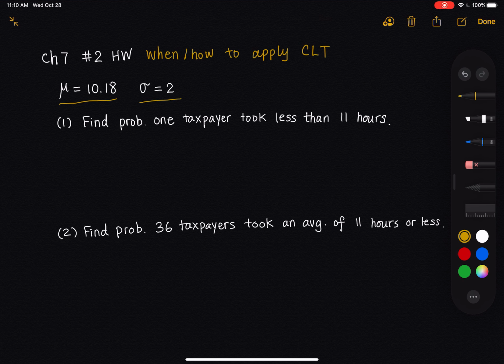And we will look at two problems to distinguish when to use a central limit theorem and when to just use the normal distribution. So for the first problem, we need to find the probability that a randomly selected taxpayer took less than 11 hours. And the key word here is you're talking about one person, one random person.